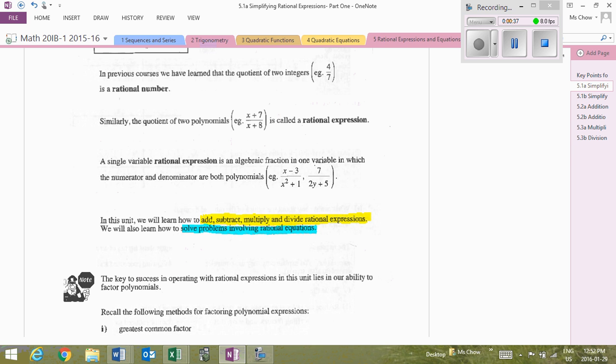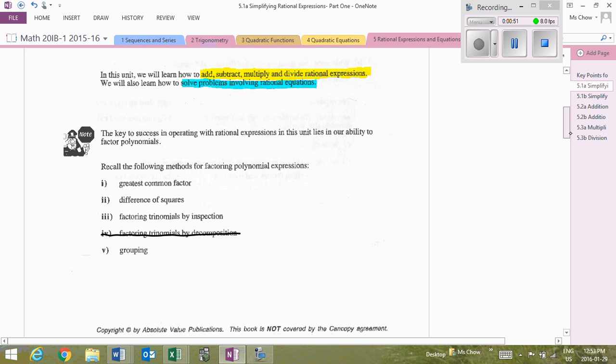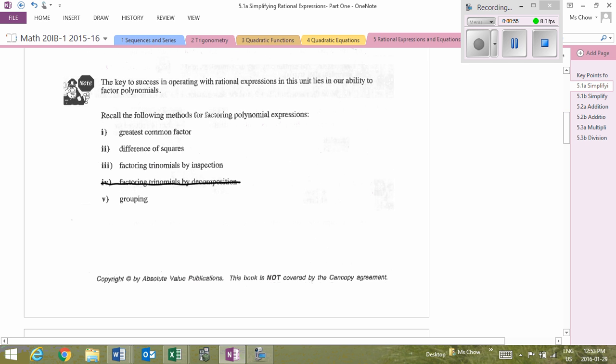So what we're looking at in this unit is how to operate with rational expressions, so add, subtract, multiply, and divide, as well as solving problems when we get into solving rational equations. As I've mentioned many times before, the big thing is our ability to factor.